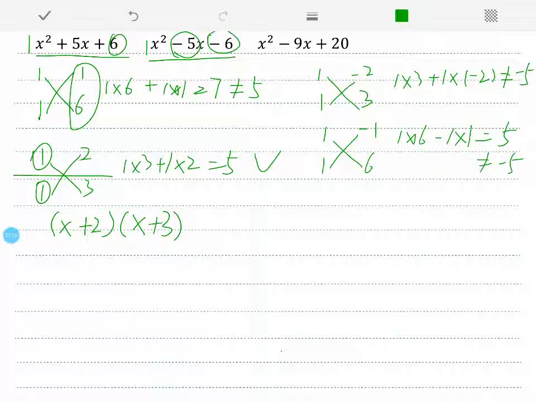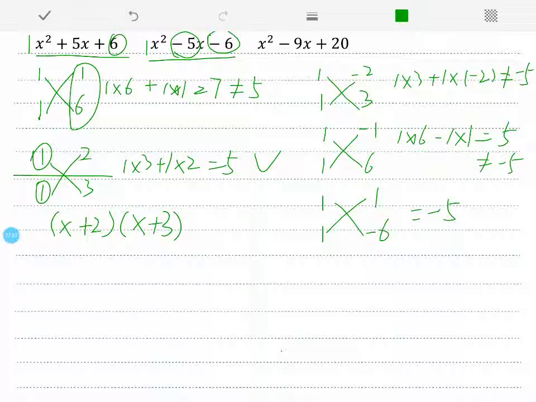It doesn't equal negative 5, but the only difference here is the sign, right? So when you find that the only difference is the sign, that means you gave the sign to the wrong number. That means it should be 1 times 1, with positive 1 and negative 6. Let's double check that. 1 times negative 6 plus 1 times 1, which exactly equals negative 5.